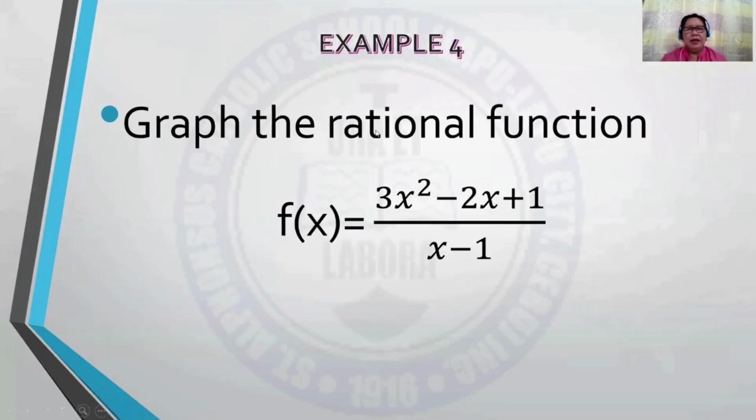Let us have the graph of the rational function f of x equals 3x squared minus 2x plus 1 over x minus 1. This was already given in the previous discussion of Mr. Baluran, wherein you can have an oblique asymptote. So I will no longer show you the solution, I will just show you the graph.